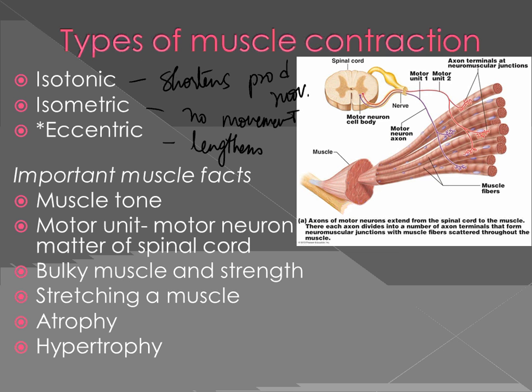Feel the muscle, it's still contracting, right? But there's no movement. So from the neutral position to the abducted position, this is isotonic. The muscle shortened and produced movement. Now when you keep it in this position, you can feel the tension in the muscle, but there's no movement produced. This is known as isometric contraction.